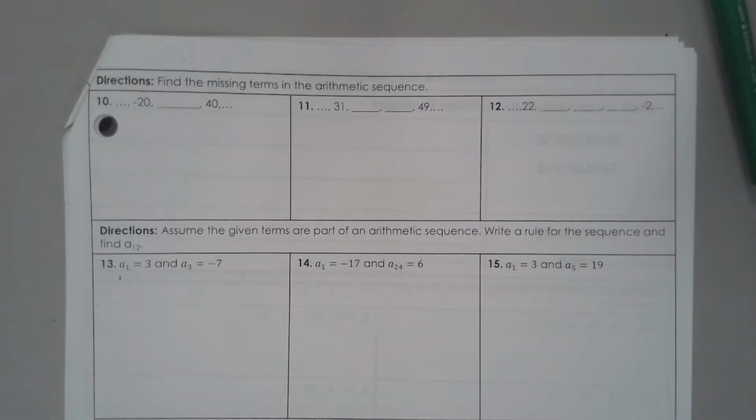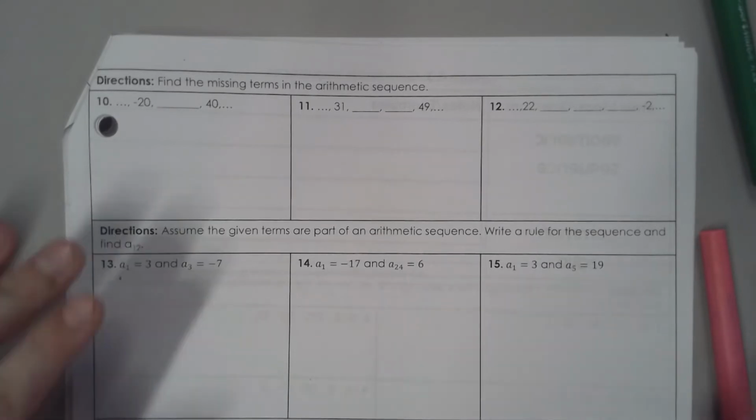In order to do that, you have to be able to come up with the common difference. You could potentially guess and check, but I'm going to show you mathematically how to do it. And there's a couple of ways. I actually showed it a different way first, and then I decided this other way might be easier.